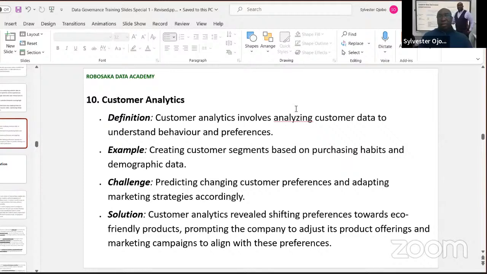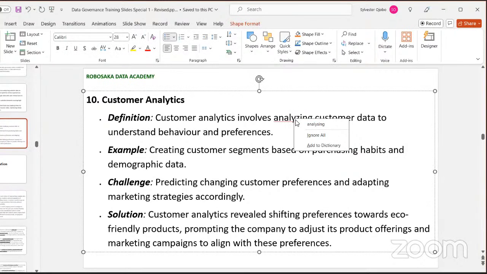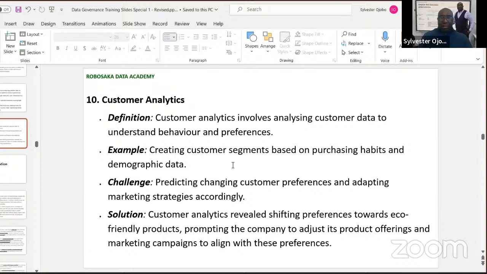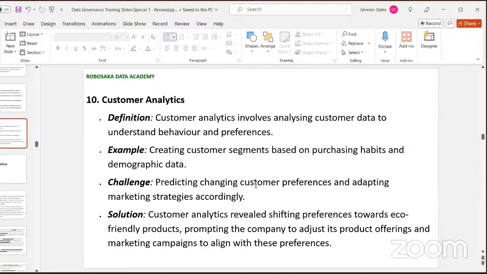Very important. Once you start buying anything from Amazon, they keep sending you adverts of things similar to that one, because they know you're interested in this one. So they create the customer segments based on your purchasing habits and also where you live. So that's demographic data.